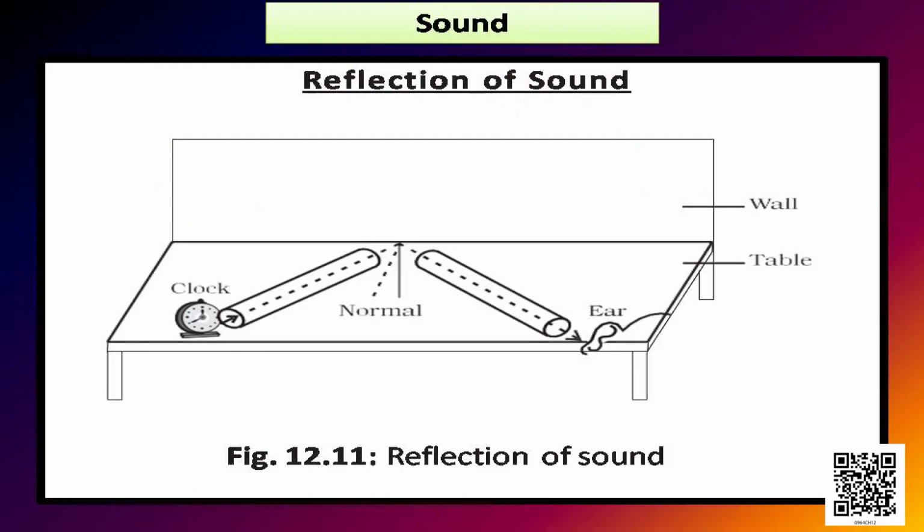That's why it is said that the incident sound and the reflected sound and the normal have to be on the same plane to observe or to verify the reflection. Okay? Hope you understand this.